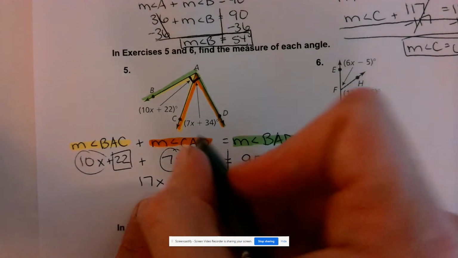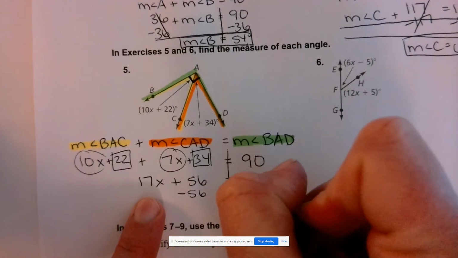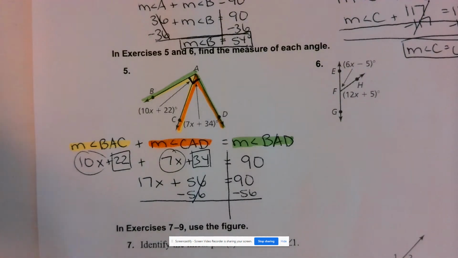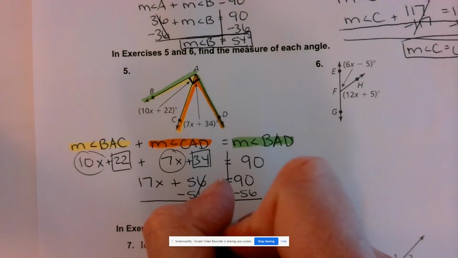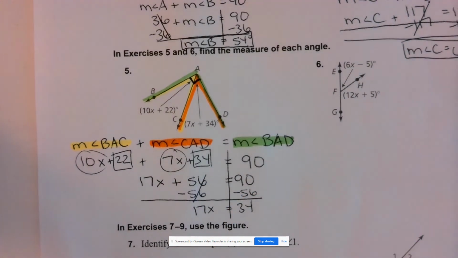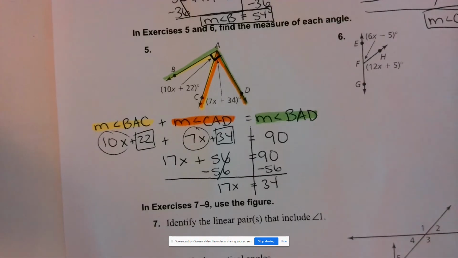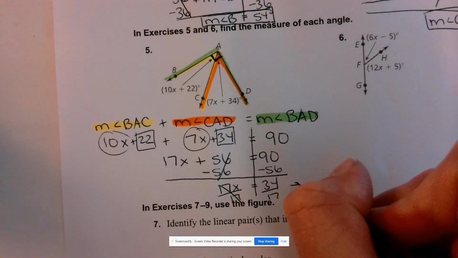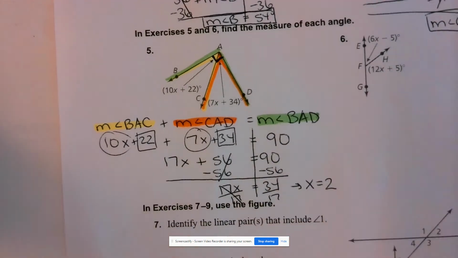We want to get x by itself. I'm going to subtract 56 on both sides. I'm left with 17x equals 34. I can now divide both sides by 17. And this tells me that my x value is equal to 2.